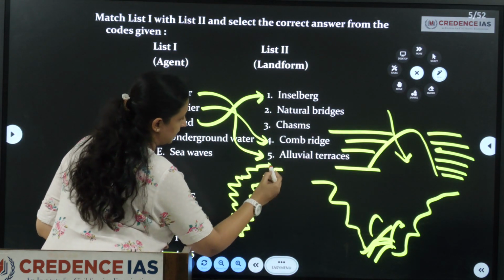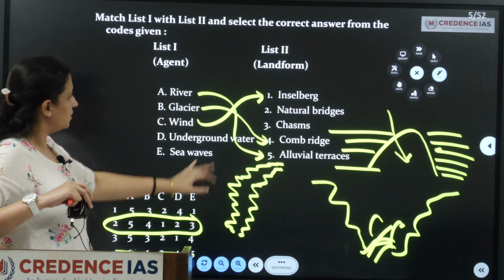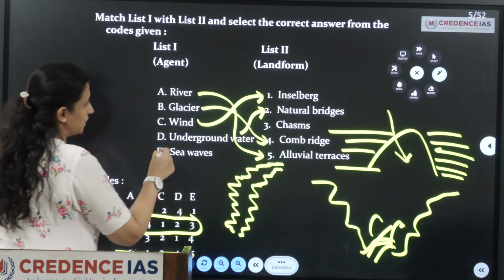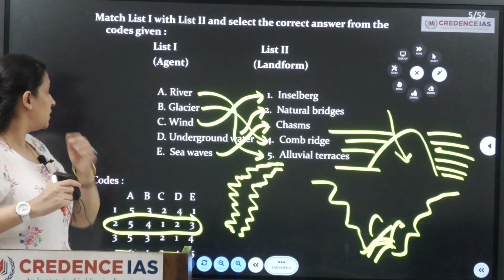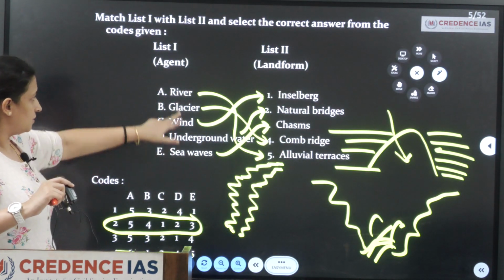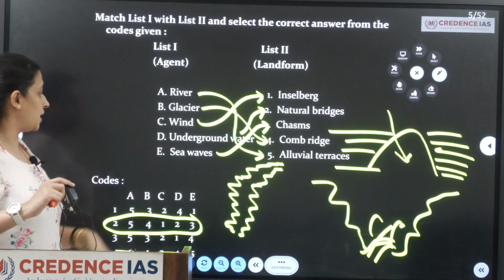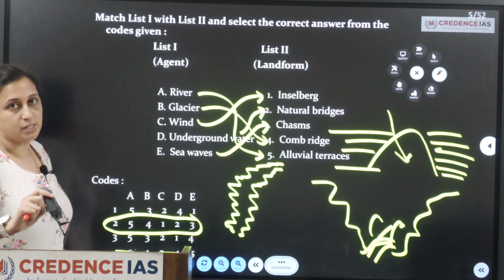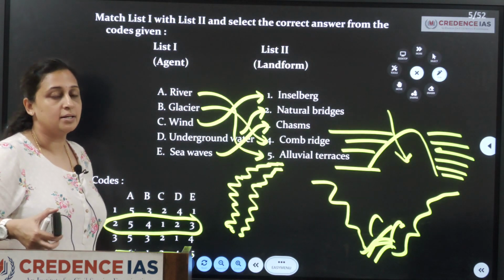Next, underground water forms natural bridges, and the last one, sea waves, form chasms. As you knew the river forms alluvial terraces and the wind forms Inselberg, you were able to identify which answer is correct. So this is nothing but elimination. Just by knowing one or two options you can easily eliminate the other options.